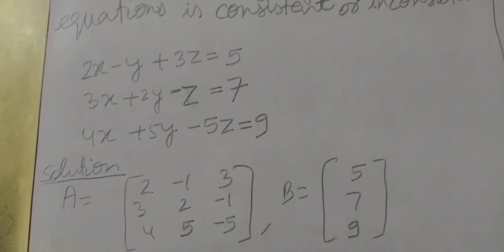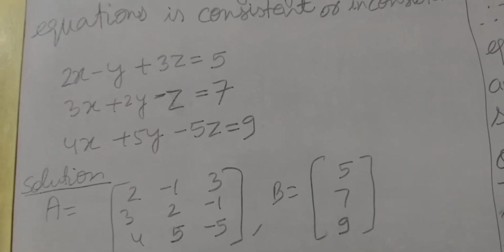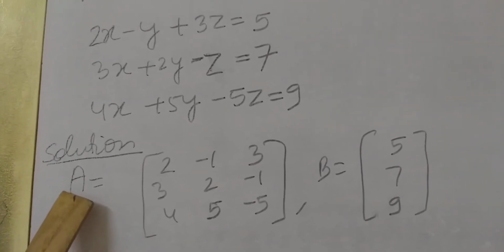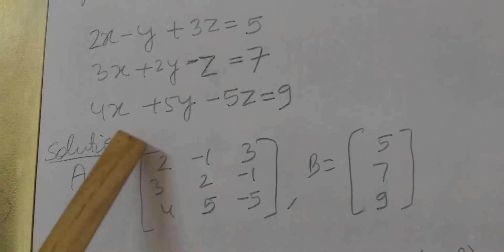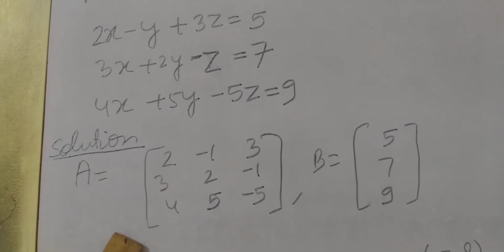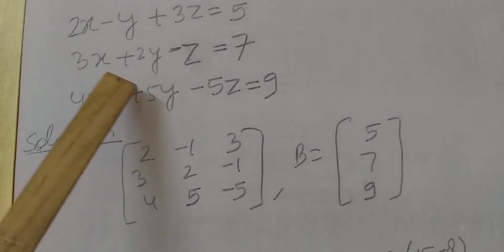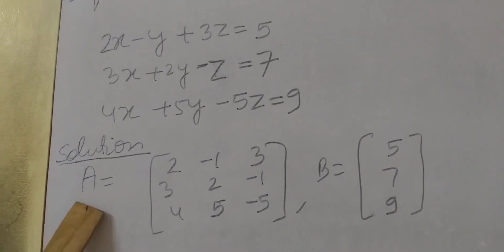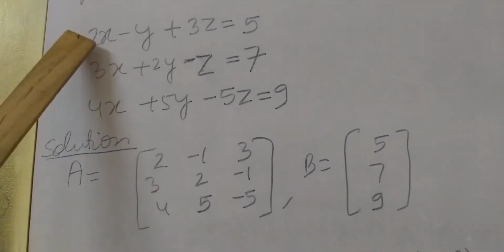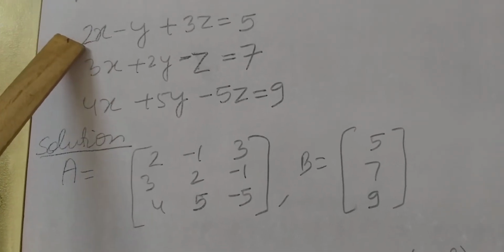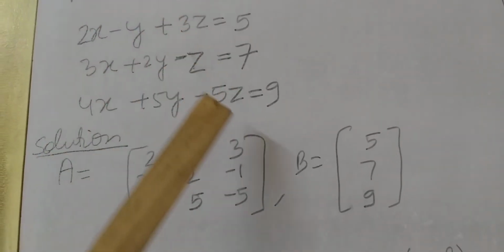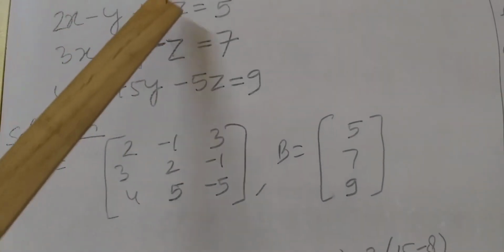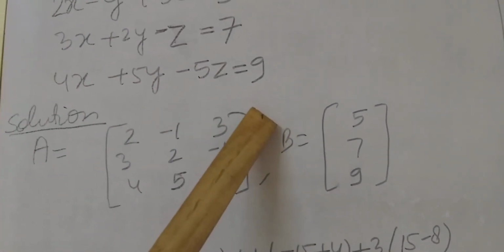So students, how can we check these equations? First of all, we have to form a matrix of the coefficients of x, y, z. Let matrix A equal the coefficients of x, y, z. Students, 2, minus 1, 3 in equation 1, so these coefficients will be arranged in row 1.